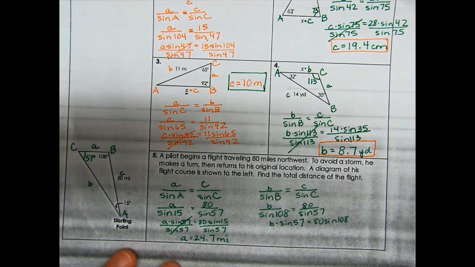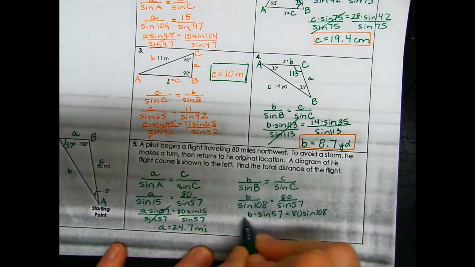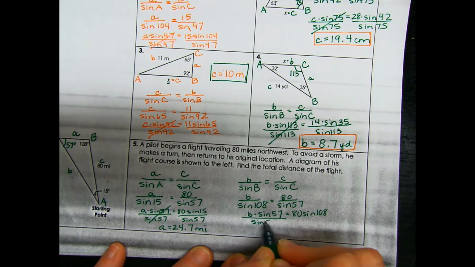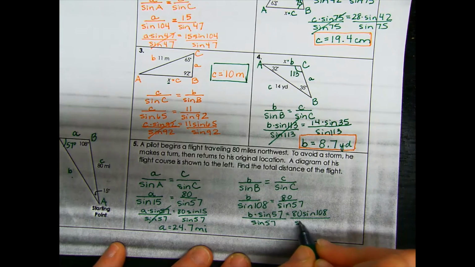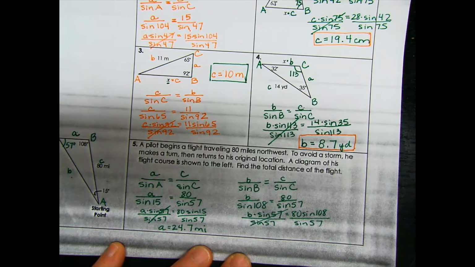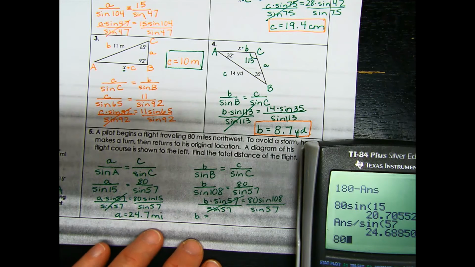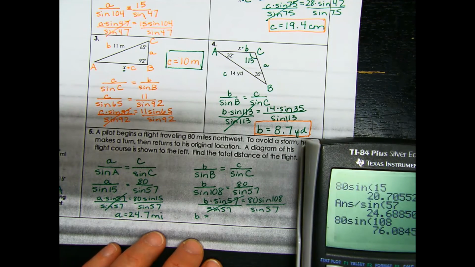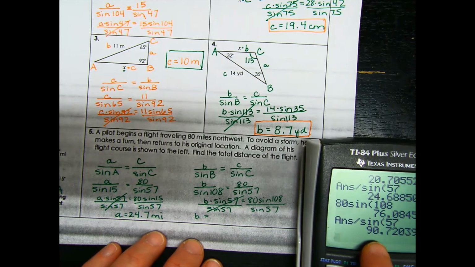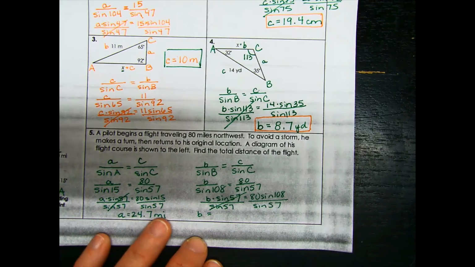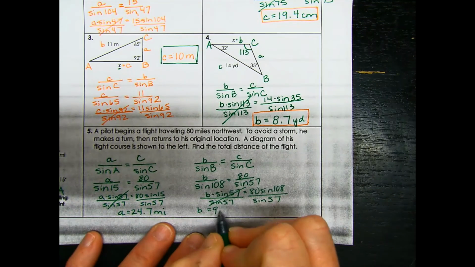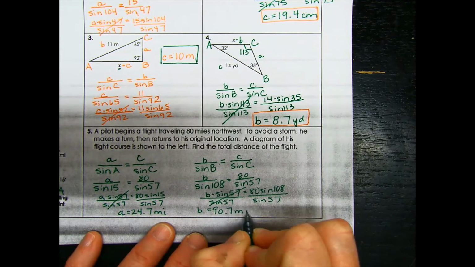Once we divide this by the sine of 57, we find 80 sine 108 and then divide it by the sine of 57, I get 90.7. So 90.7 miles.